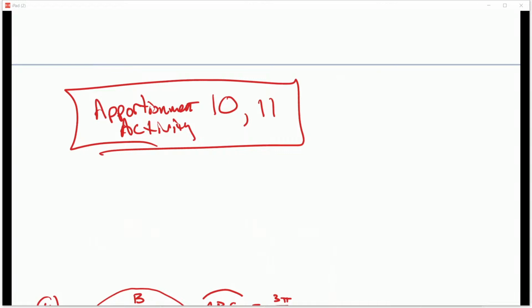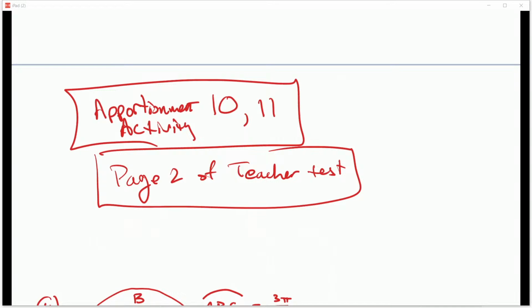So let's just do page 2 of the apportionment activity, and then page 2 of the example teacher test. So page 2 plus those 2. I know it seems like a lot, but you've got an extra 5 days between now and next Tuesday. All right, I think that's enough.